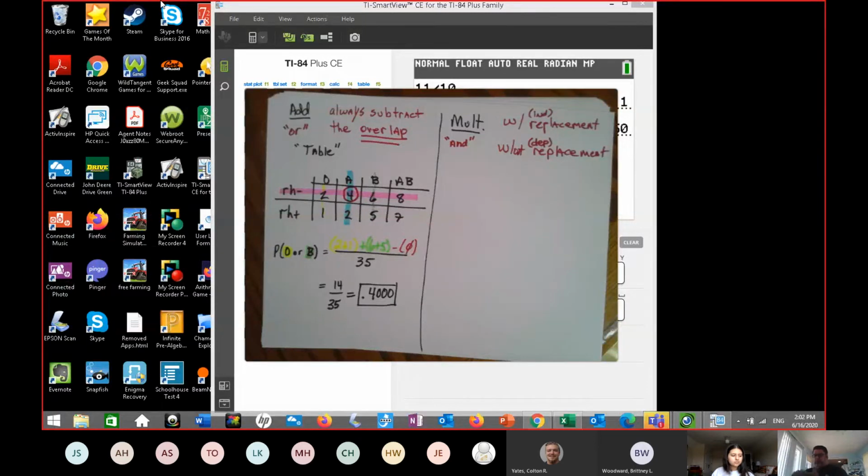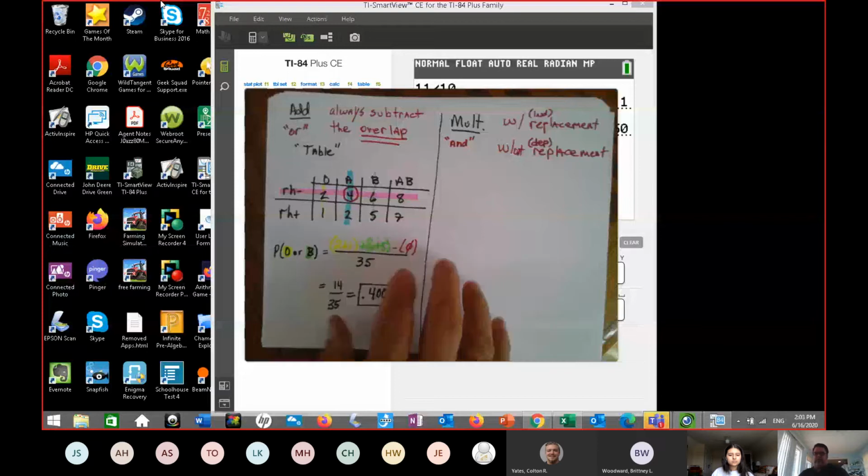Then y'all send me questions and we go over them. Then I do counting, which is your 20%, that's 5.5, and that's factorials. I do it separately because it's different from what we're doing now.